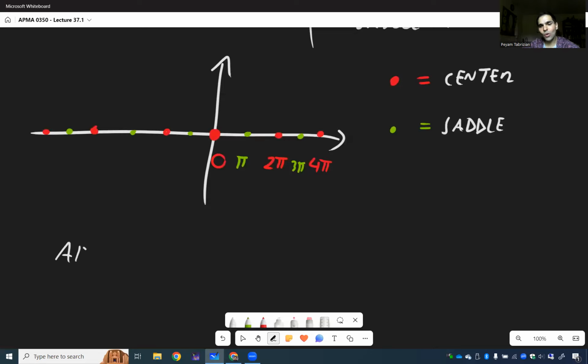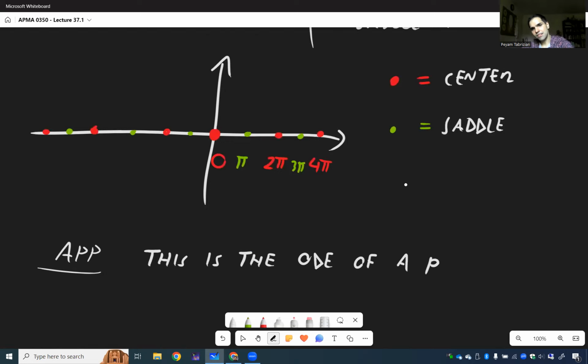And now I can give you the cool application, because it turns out this system is nothing other than the pendulum equations. This is the ODE of a pendulum, which really alternates between two states. It goes up and then down and then up, down, up, down.